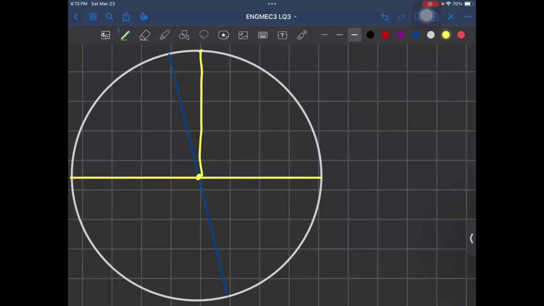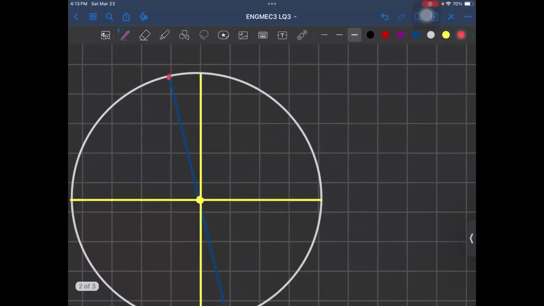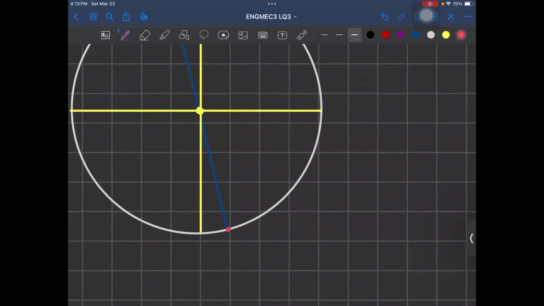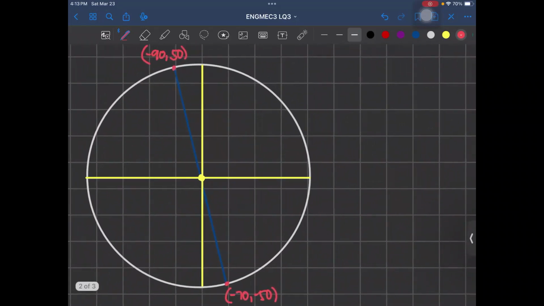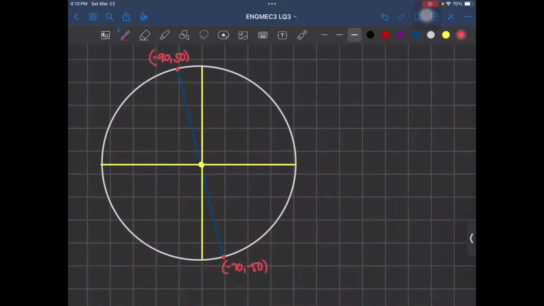And then there. So again, this one is your -90, 50. Then this one here is your -70, -50. So how do we use the Mohr's circle?